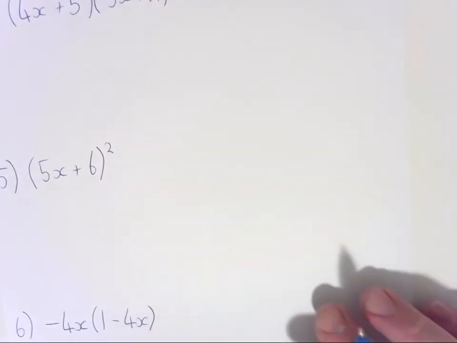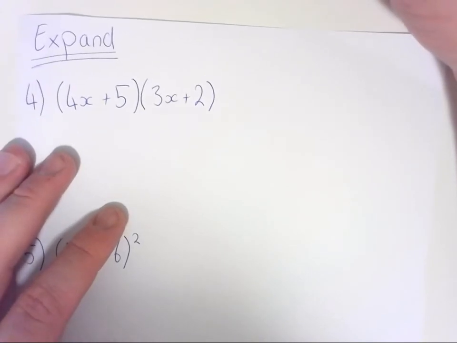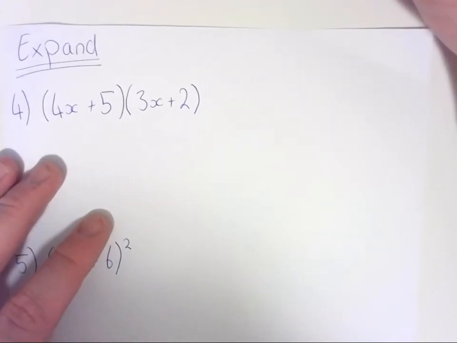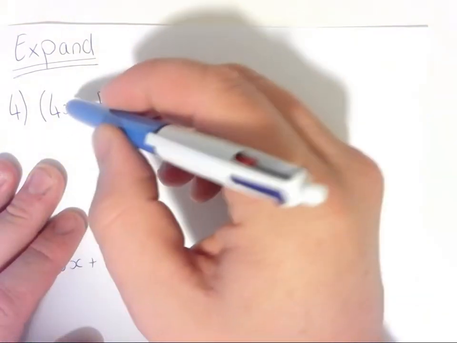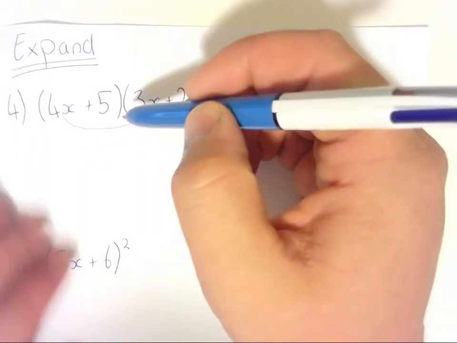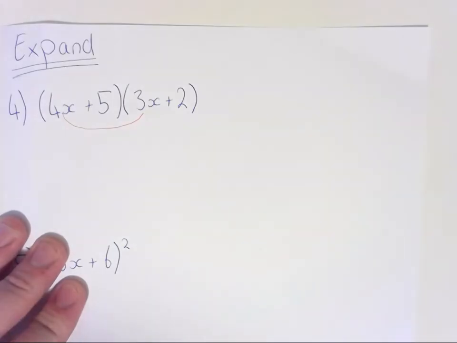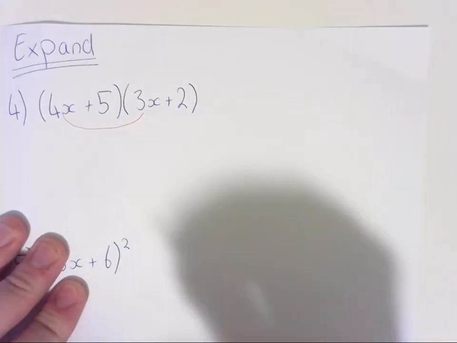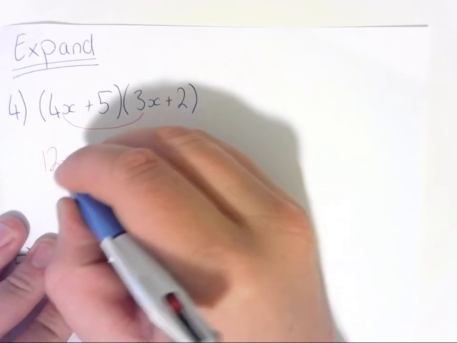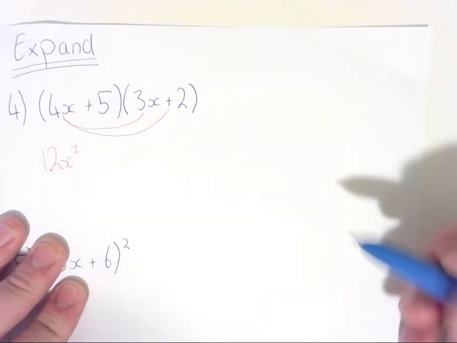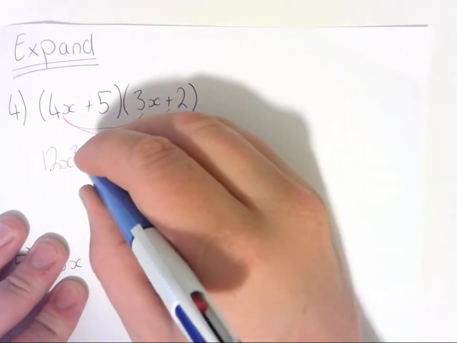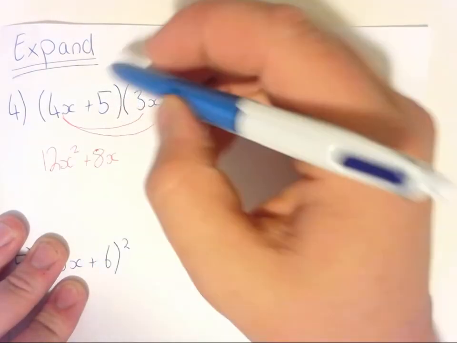The last couple of questions I want to go through are similar sort of things, but just a little bit different, just so we've got plenty of examples. Again, still use our FOIL. 4x times 3x is going to be 12x squared. 4x times positive 2, positive 8x.